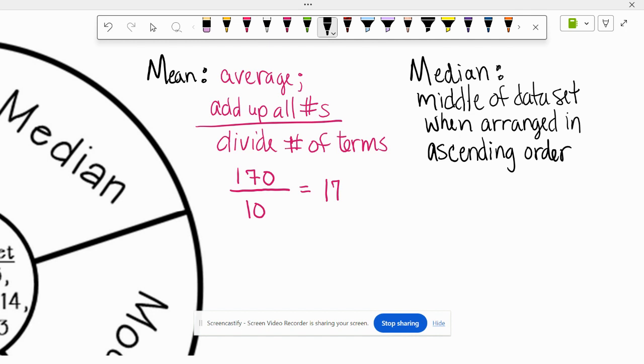So someone tell me what ascending means. Least to greatest, yeah. When a balloon ascends, it goes up into the air. So we're going to start at the bottom and work our way to the top. So smallest to largest, least to greatest. I'm going to write small to large. That's what ascending means.